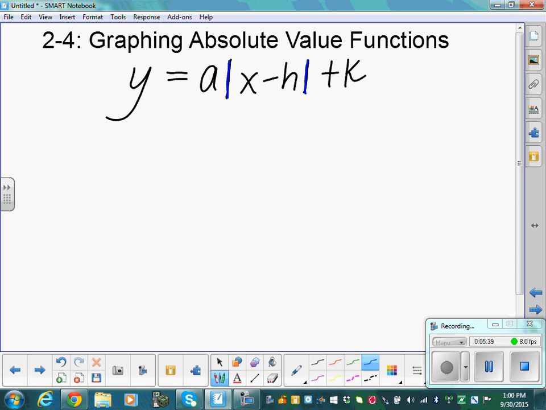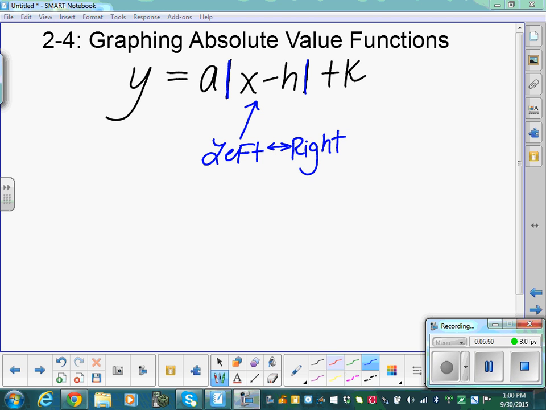We also know that with quadratics, anything added with our x, what's inside the parentheses, will be our shift left and right. This is also true for absolute values. So this is our shift left and right, x minus h. Now you always go the opposite with this, just like with any other function. Then this plus k out here, this will be our shift up and down.